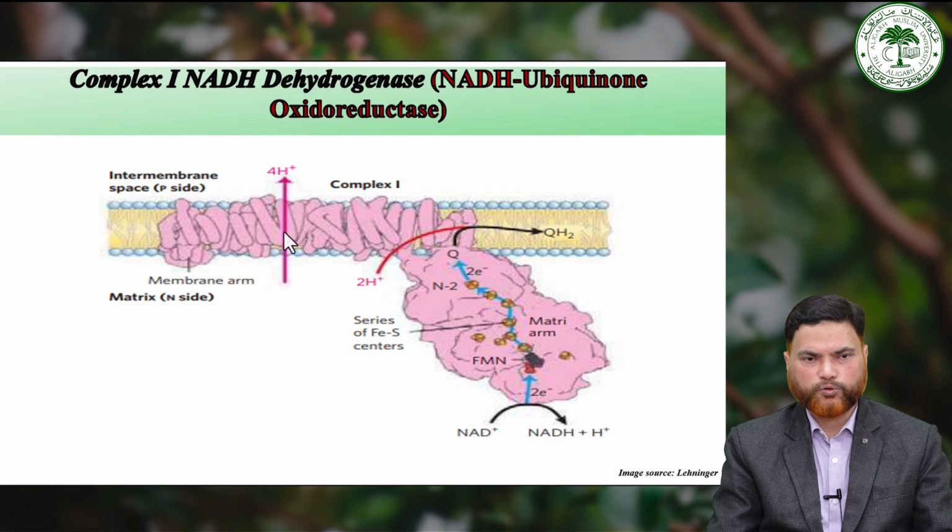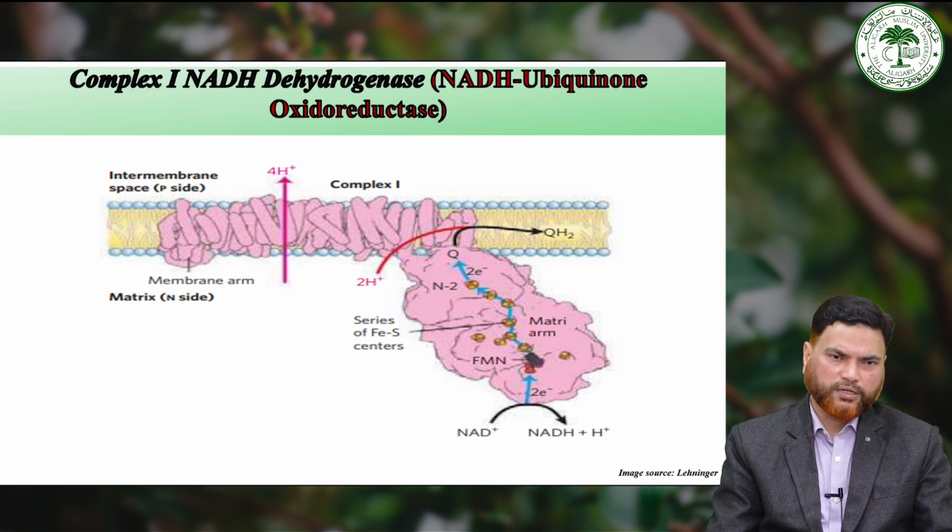You see, 4 protons are translocated from the mitochondrial matrix to the intermembrane space, and this proton translocation is coupled with the electron transfer and contributes to the establishment of a very crucial proton gradient.